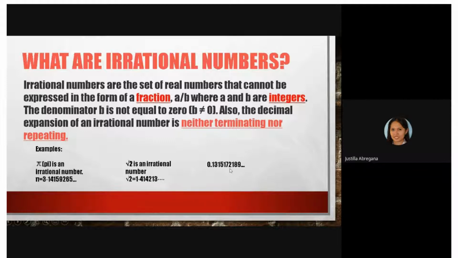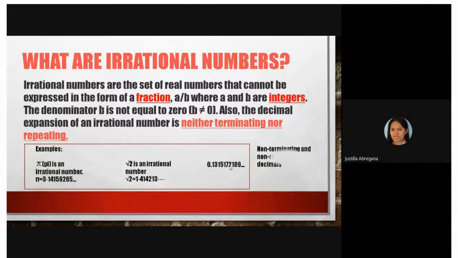Still non-terminating and non-repeating, so this cannot be expressed in fraction form, a over b. This makes it an irrational number. So these are examples of non-terminating and non-repeating decimals, classified as irrational numbers.